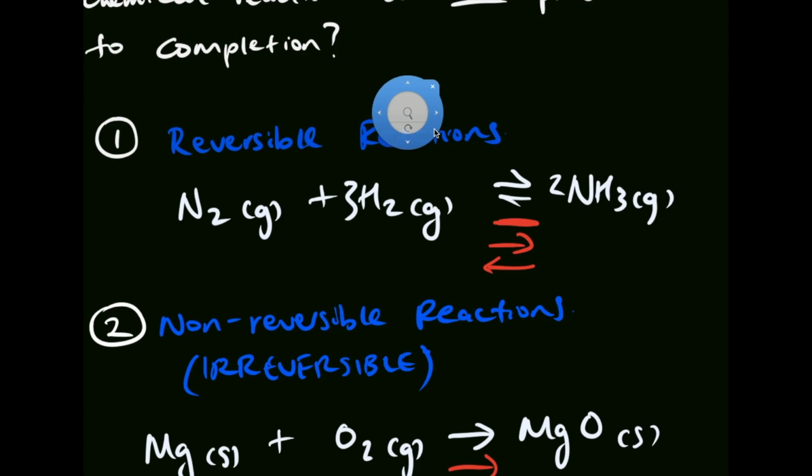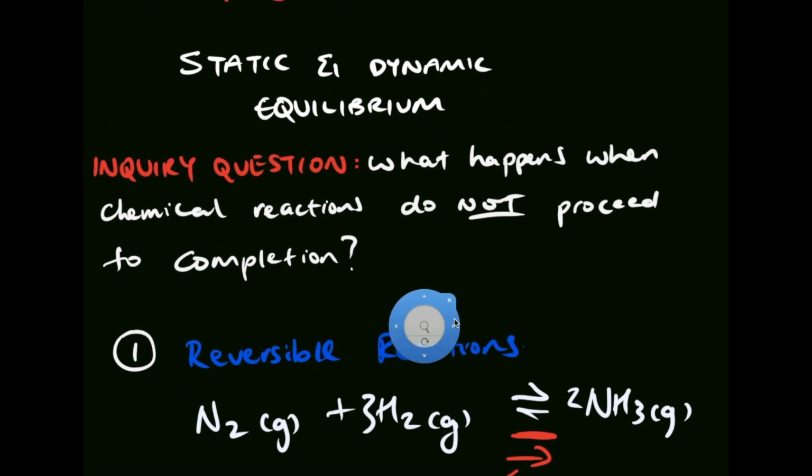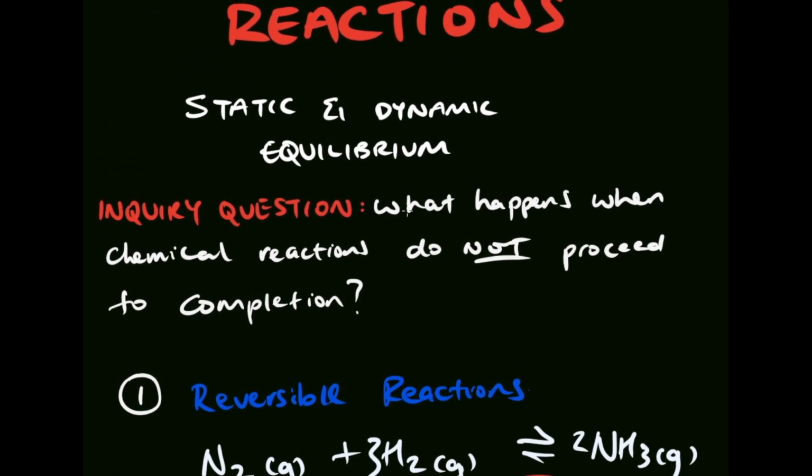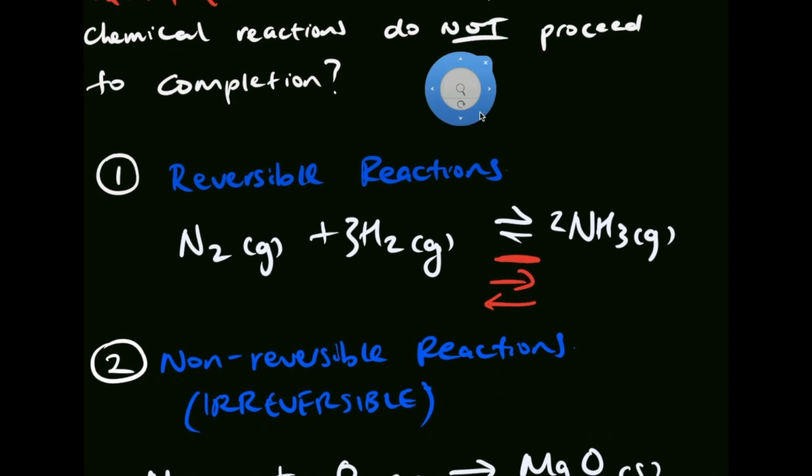So sweet. So now we have sort of answered the inquiry question in a sense, but not quite. So you say, what happens when chemical reactions do not proceed to completion? Well, reversible reactions happen, right? Because some of the products are then consumed to form reactants. So at the end, there is no complete reaction in the sense that there are reactants and products present.